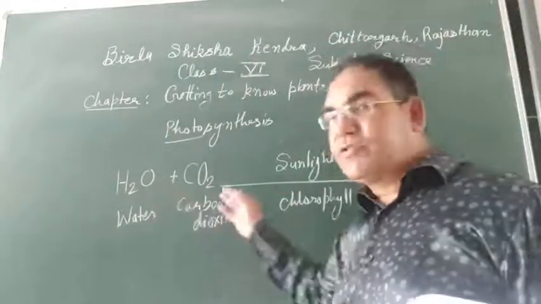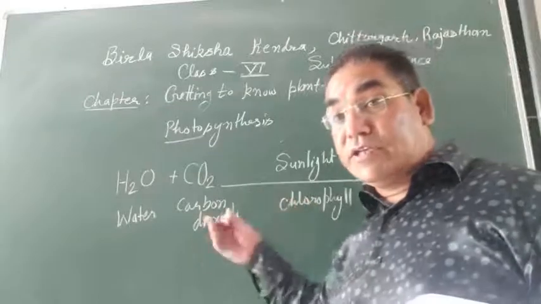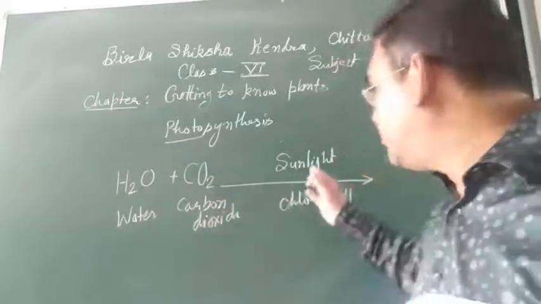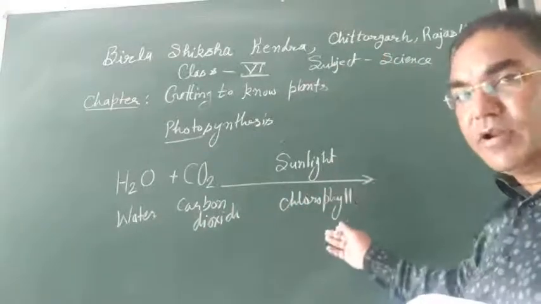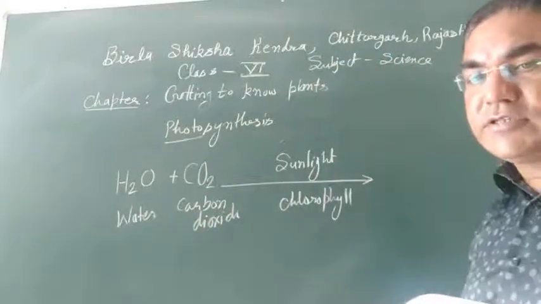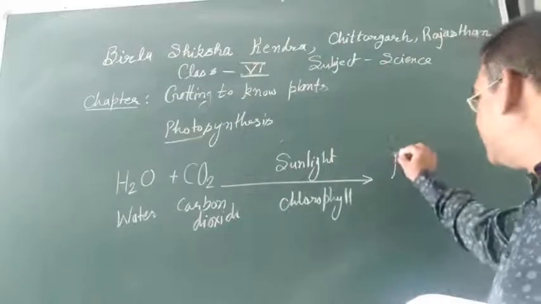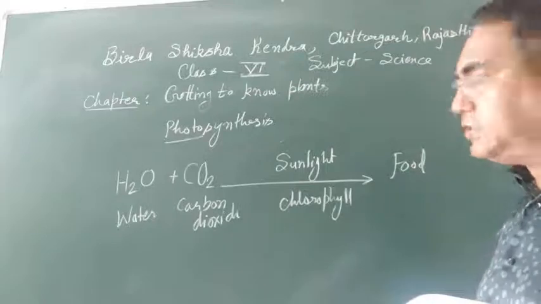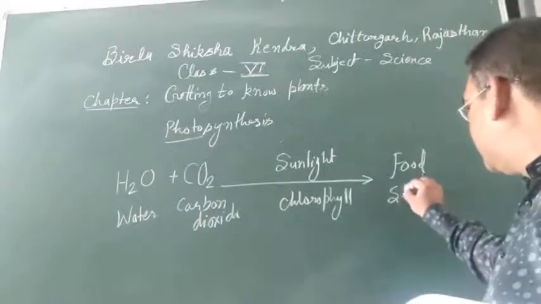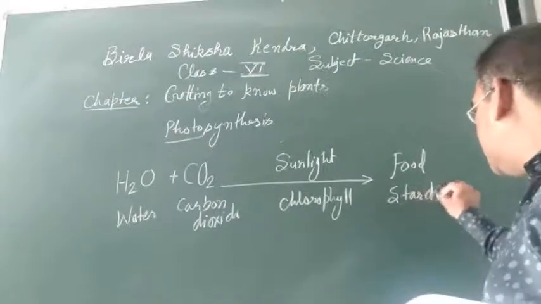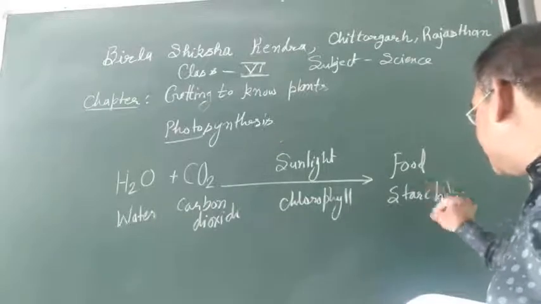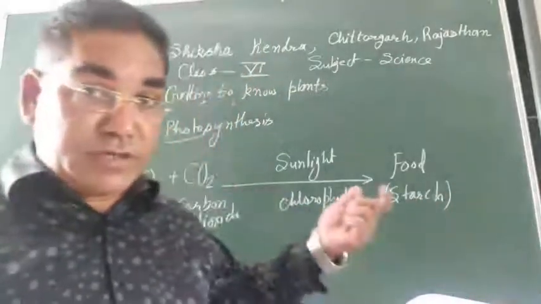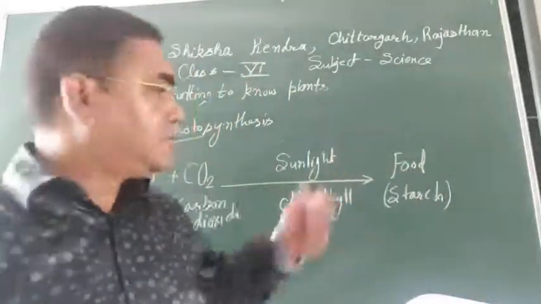The process of formation of food by using water and carbon dioxide in the presence of sunlight and chlorophyll is called photosynthesis. And this food, in case of the plants, is stored in the form of starch.